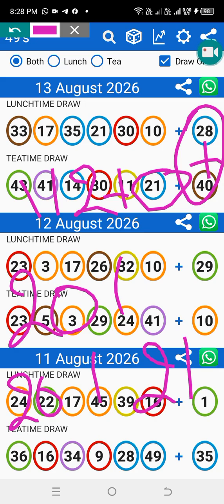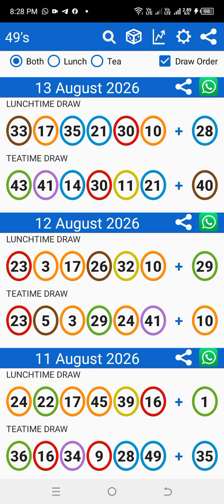So 21 is already played, 1 is a missing number, and 20. So we're gonna add down 20 and 1.